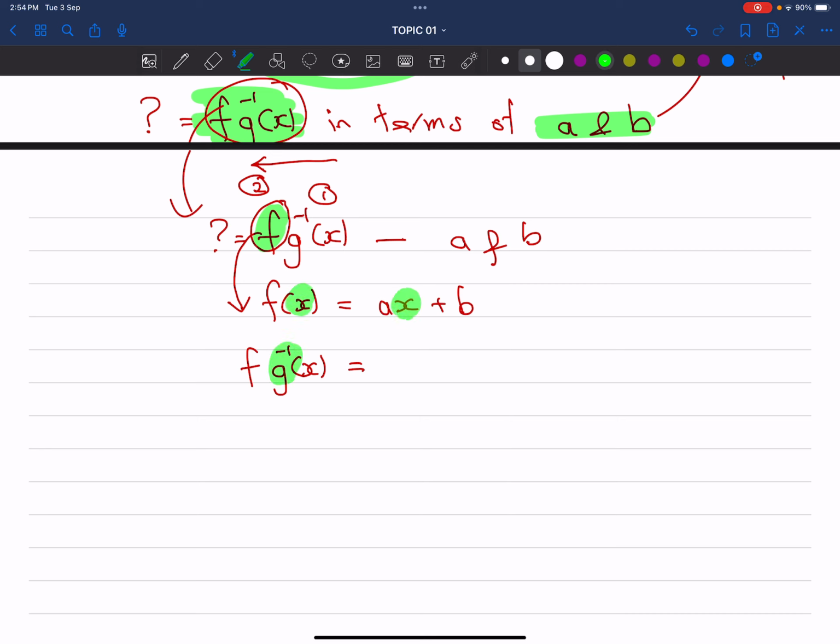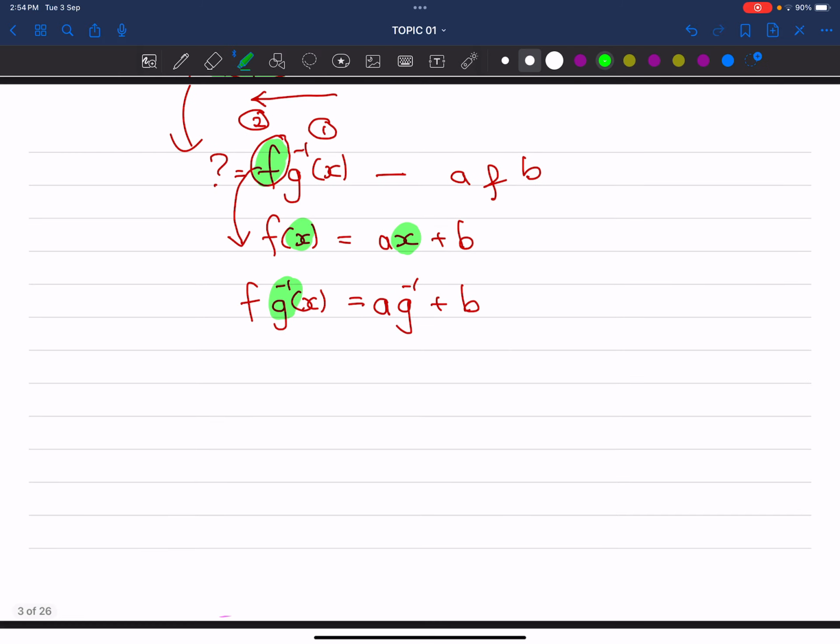So here also x is replaced by g inverse. The a and b, I'm just going to copy back.